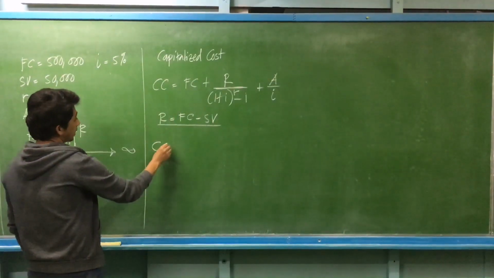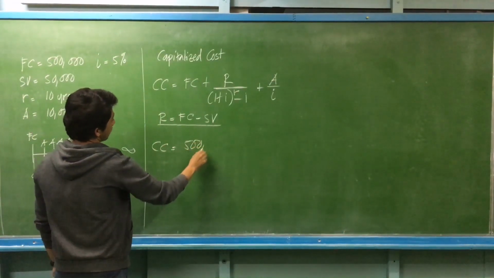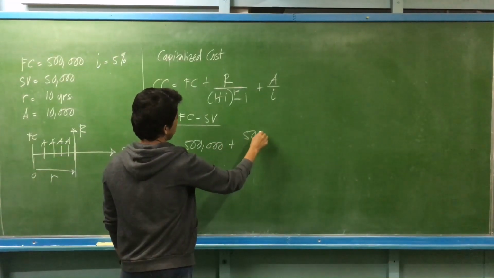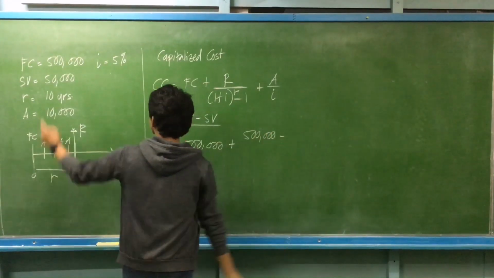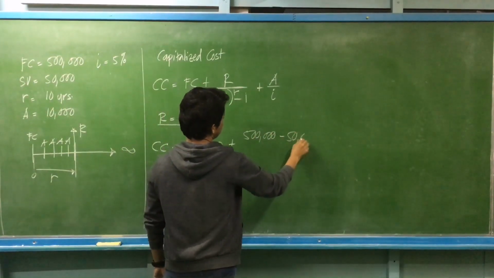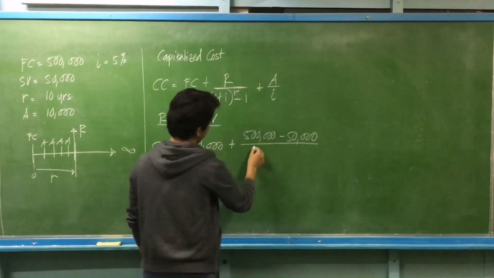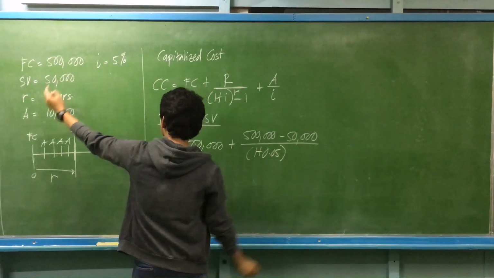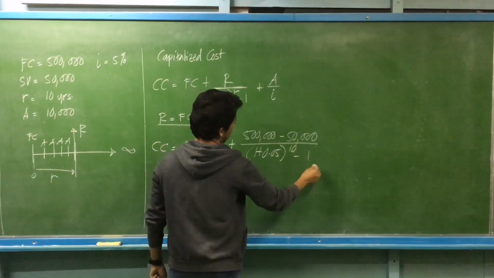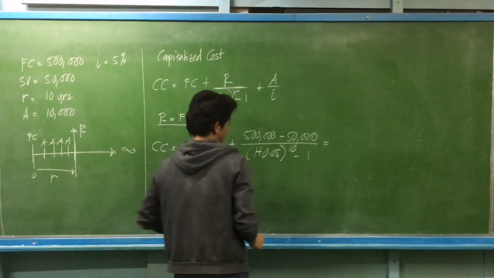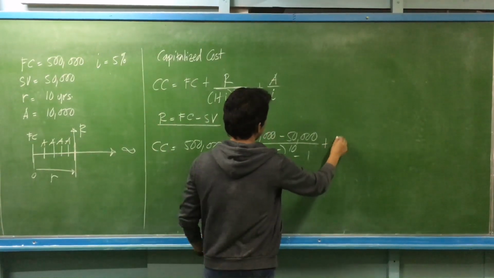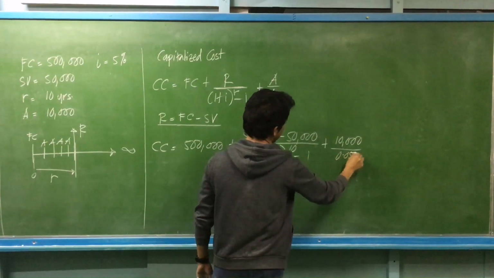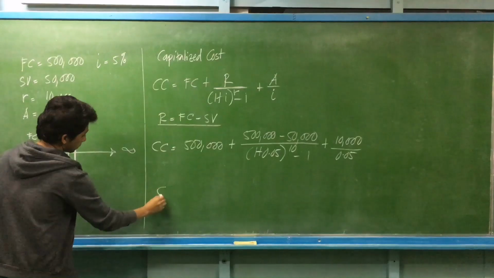So we have the capitalized cost is equal to first cost, 500,000, plus the first cost, 500,000 minus salvage value na 50,000, divided by 1 plus, yung given na rate is 0.05, to be replaced every 10 years, minus 1, plus yung perpetuity, that is plus 10,000 divided by the given rate, 0.05. So what will be the capitalized cost?